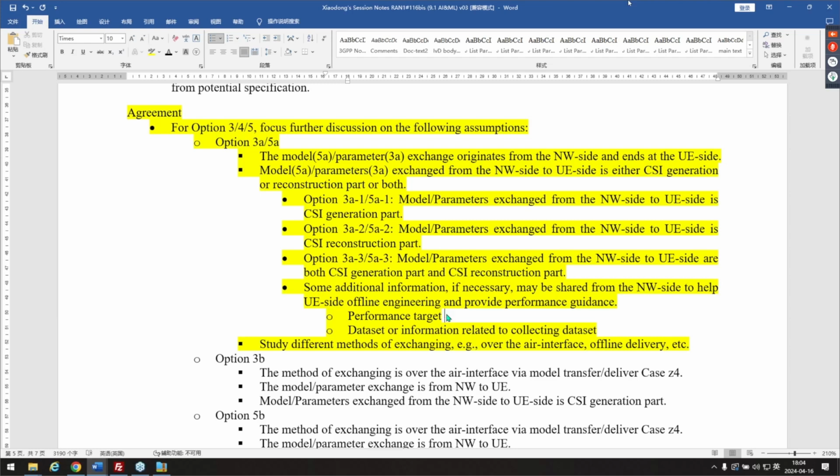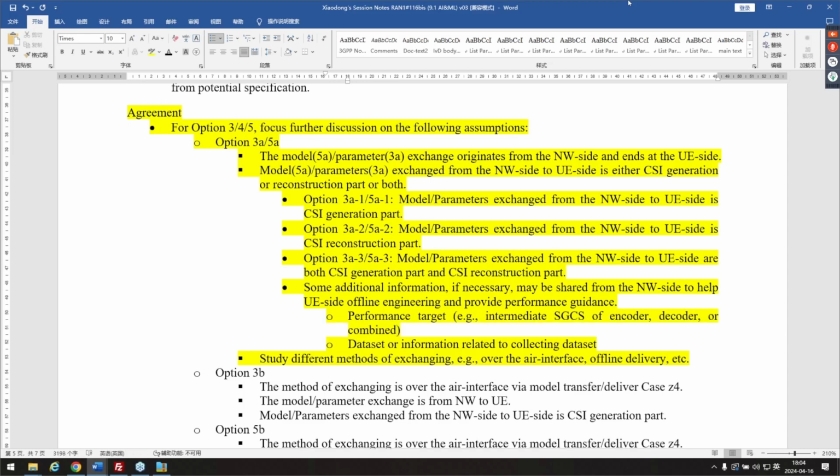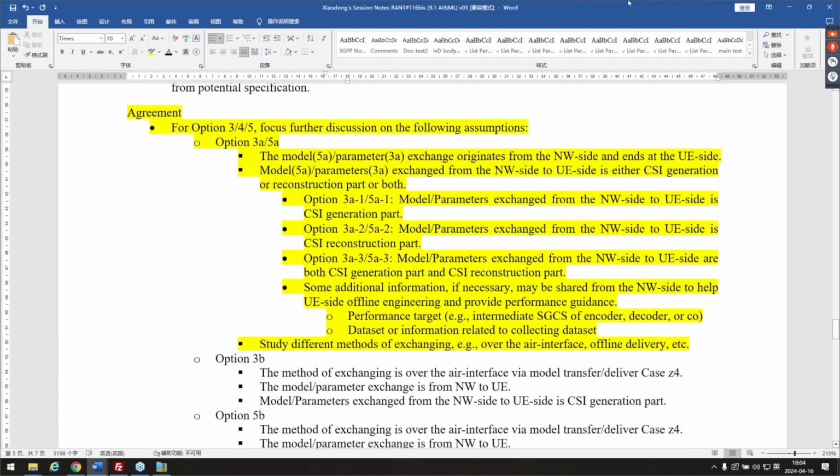So can you say intermediate SGCS of encoder decoder combined? Encoder slash decoder combined. No, encoder slash decoder combined. Okay, slash. SGCS of encoder decoder combined.